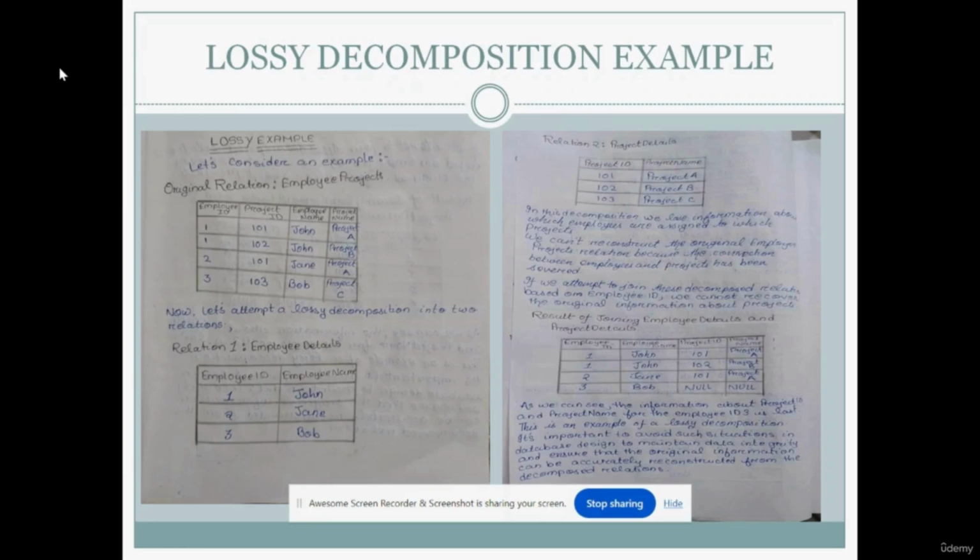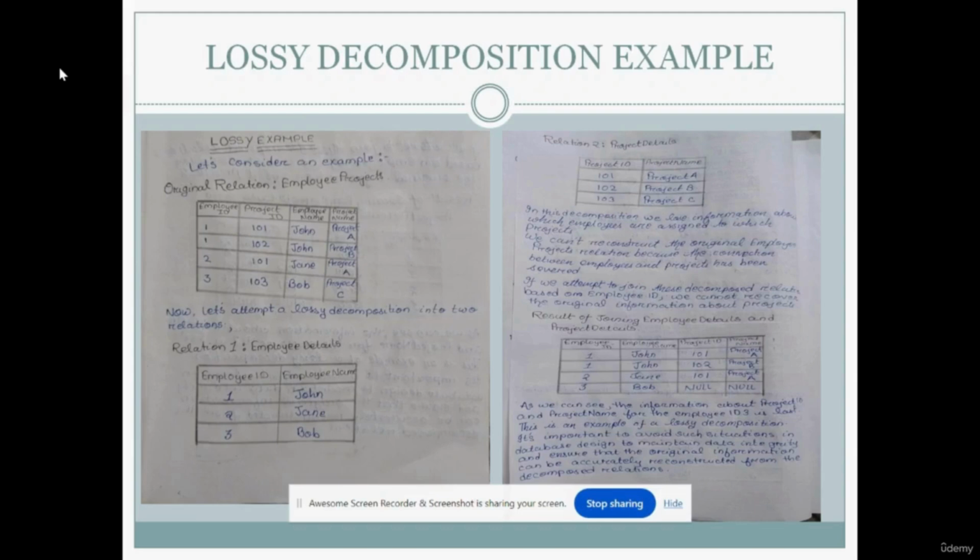We cannot reconstruct the original employee project relation because the connection between employees and projects has been severed. If we attempt to join these decomposed relations based on employee ID, we cannot recover the original information about projects. So after joining employee detail and project detail, the table is not equal to the original table. As we can see, the information about project ID and project name for employee ID 3 is lost.